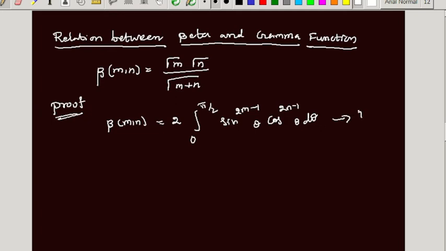We consider this as equation number 1, and here gamma n definition, the alternative formula, is twice integration 0 to infinity e power minus x square into x power 2n minus 1 dx.